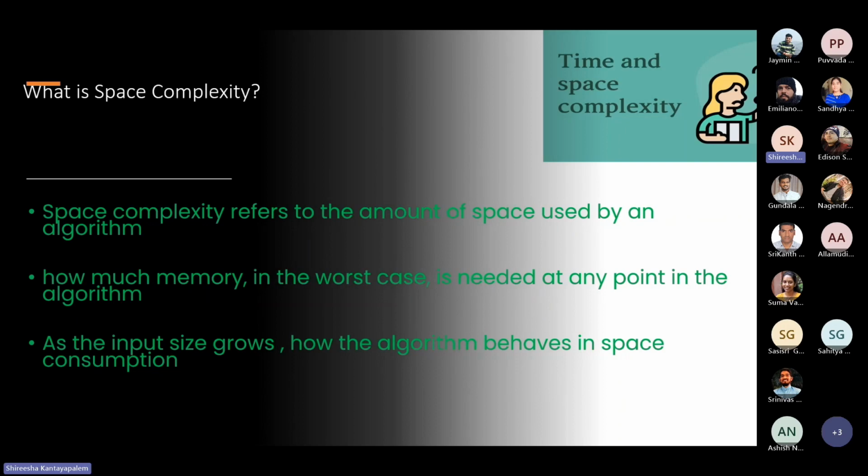Take the bigger size and calculate how much space it will occupy. As I told in time complexity, input size is the main factor for the calculation of time complexity and space complexity. So the algorithm also increases its space consumption. So this is space complexity.